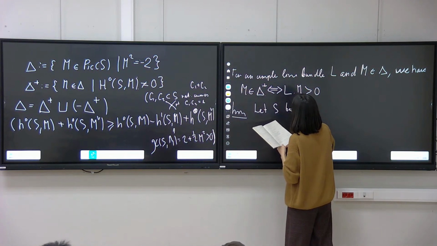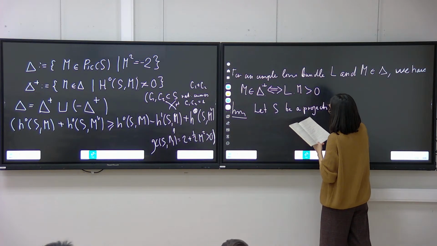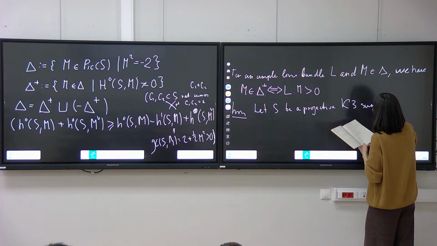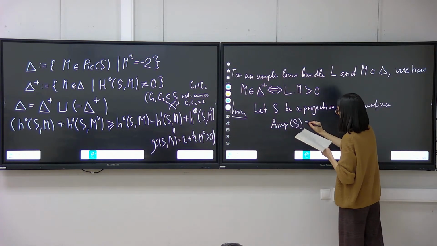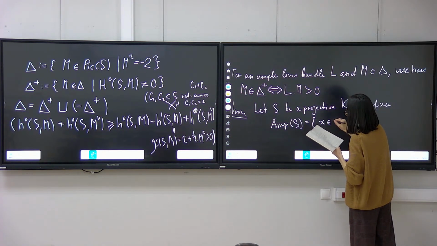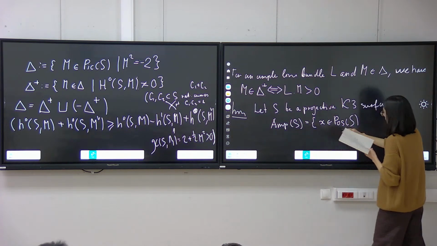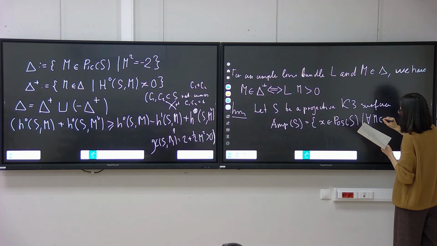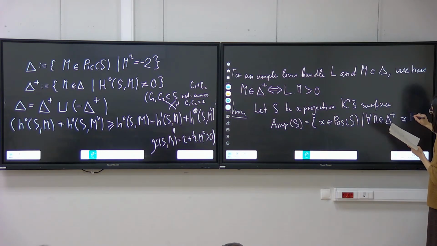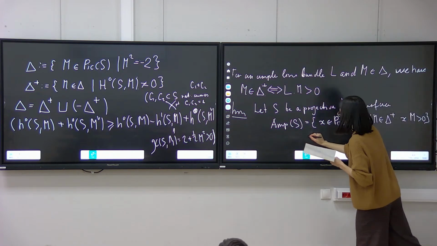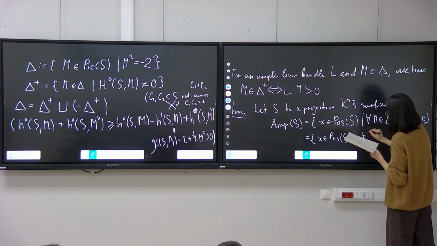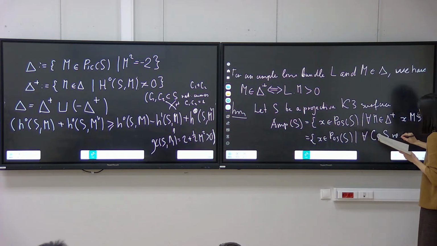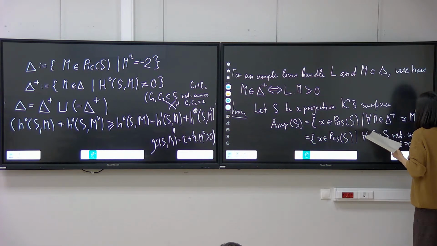So let S be a projective K3 surface. Then the ample cone can be defined as classes in the positive cone such that for all M in delta plus, x times M is positive, or classes such that for all rational curves C, its intersection with C is positive.